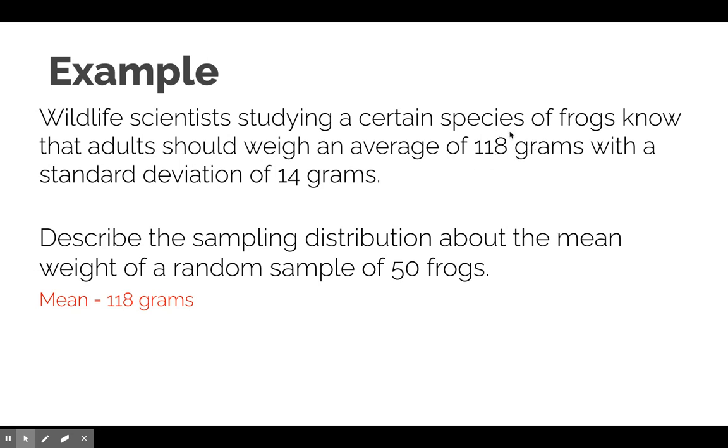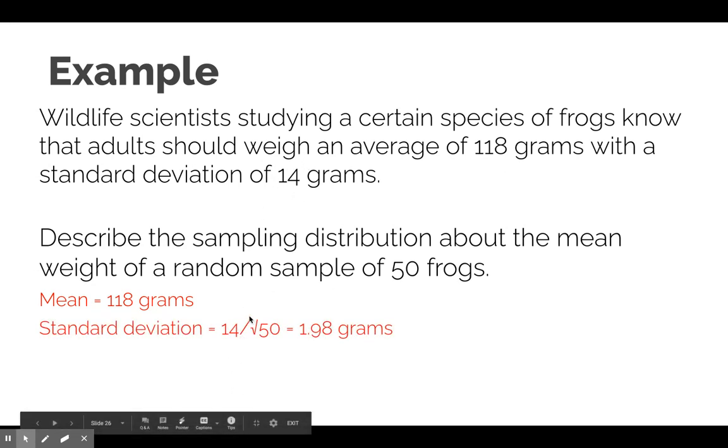So, 118. For the standard deviation, remember, you have to take what it originally is and divide it by the square root of the sample size. So I would have to take 14 and divide it by the square root of 50, and that would get me 1.98 grams. So again, using the central limit theorem, this information must be true.